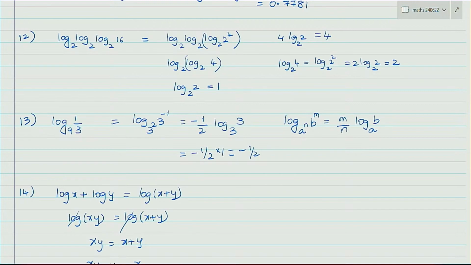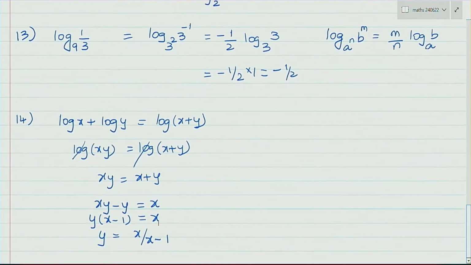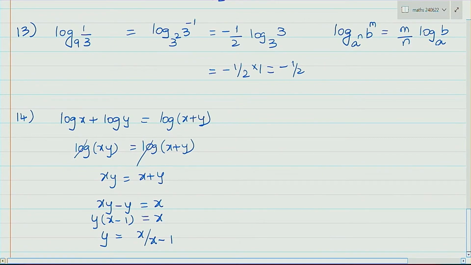You want me to scroll up? Do the 15th one once you people are done with the 14th.